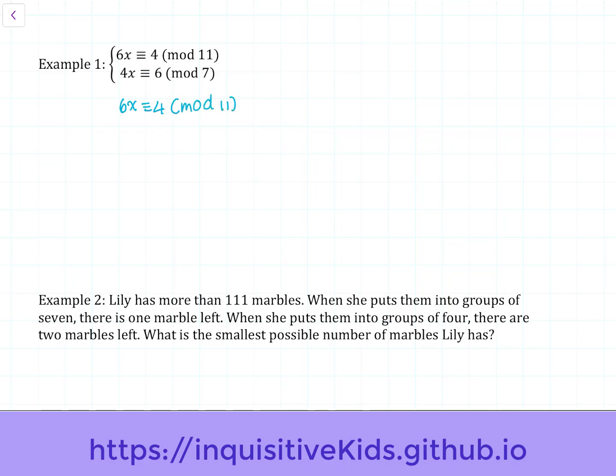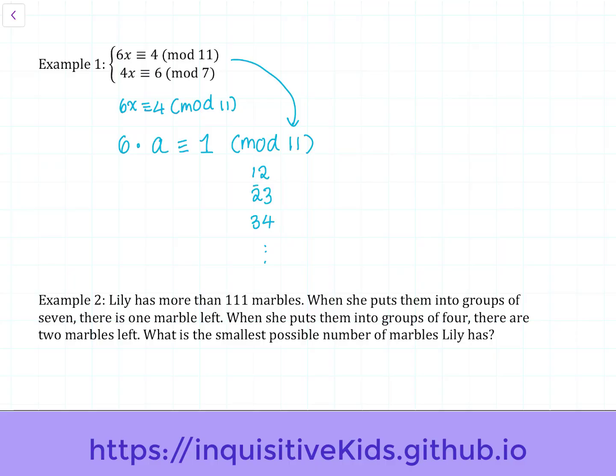As you can see, we have to multiply the inverse of 6 on both sides here, the modular inverse. How do we find the modular inverse? 6 times its inverse, let's call it a, is going to be congruent to 1 modulus 11. What number can we multiply to 6 to make that value have a remainder of 1 when divided by 11? Well, if we add 11 to 1, that's 12, 23, 34, so on.